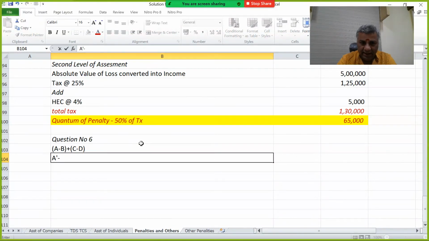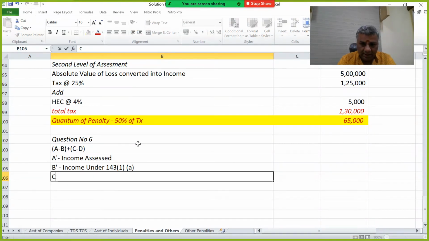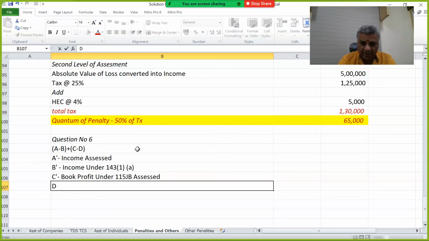A, income assessed. B, income under 143(1)(a). C, book profit under 115JB assessed. D, book profit under 143(1)(a).